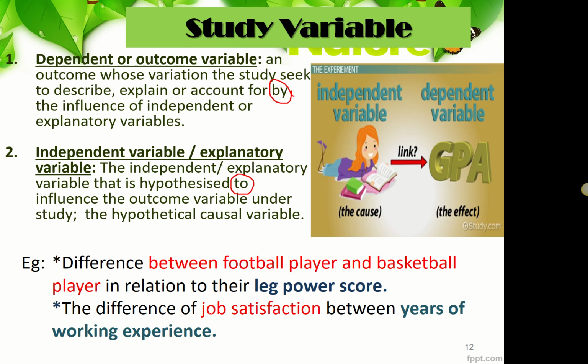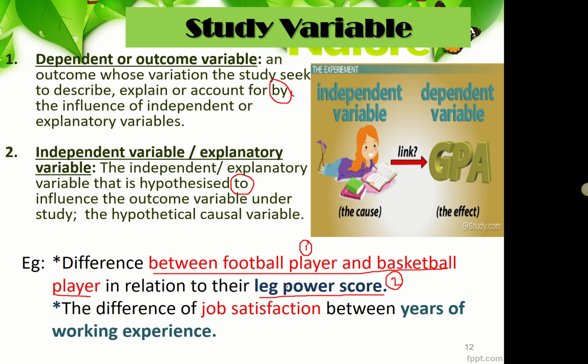Based on this research objective, there are two variables: player, with two categories, football and basketball, and another one is leg power score.